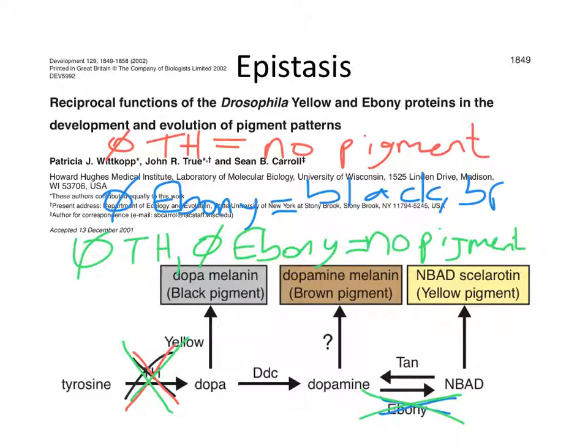So this is how you find out if 2 different genes are acting in the same pathway. If you knock out 1 and you see 1 phenotype, and you knock out 2 and you see the same phenotype, that means that the common one is upstream and the other mutation must be downstream in the pathway.